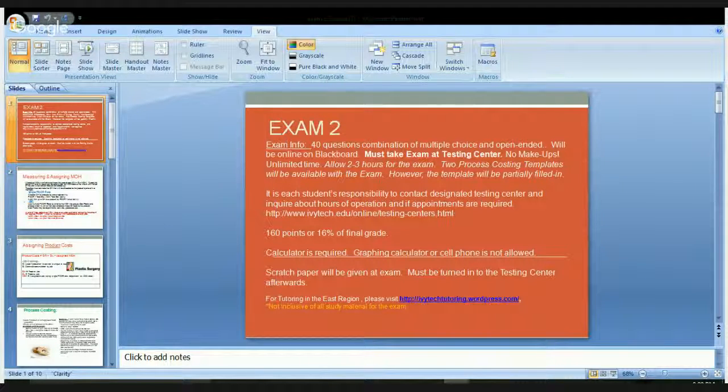This could be based on direct materials. It could be based on labor hours or machine hours, and you apply the overhead by the predetermined overhead rate times the actual activity.